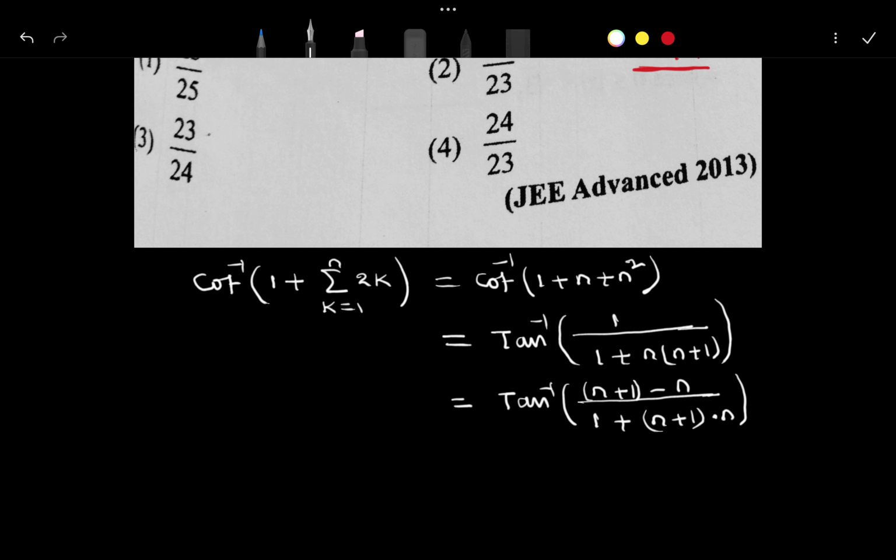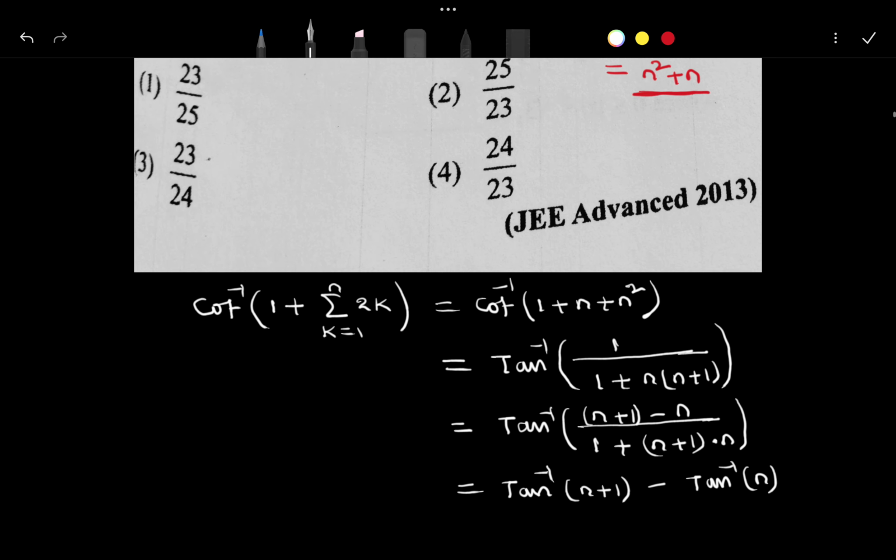Tan inverse of x minus y by 1 plus x into y, you know this will be tan inverse x minus tan inverse y. So tan inverse of n plus 1 minus tan inverse of n. So here the result will be this one.